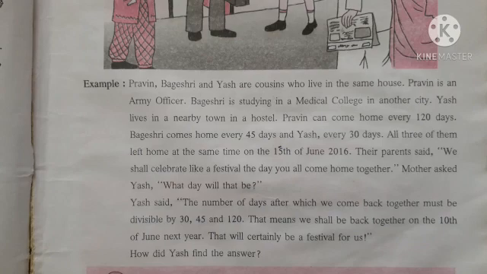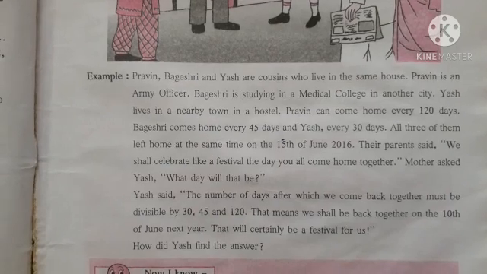So after 360 days from 15th of June 2016, 2016 was a leap year, if we count 360 days from 15 June, we will get the date 10th of June 2017. So that will certainly be a festival for us. So this is how we got the answer to this question.